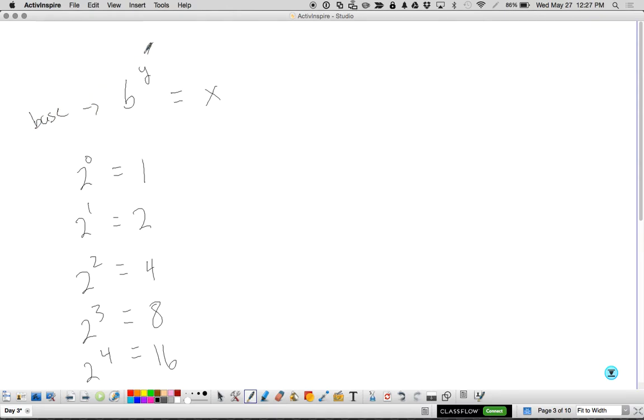This number y is the power to which the base is raised, and x is just the number that comes out. Now what logs do is you say log base b of x equals y. So what this does is logs basically just tell you how many times the base has to be multiplied by itself to get this value x.